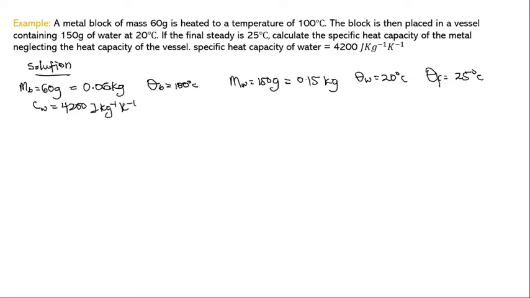Alright, so now that we have the parameters, let's go ahead and look at how to solve this problem. Now we have a metal ball that we've heated, or we've applied heat to it, and then we transfer it into a vessel containing water.